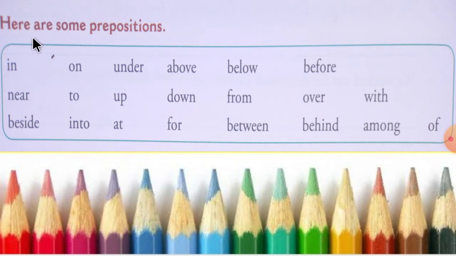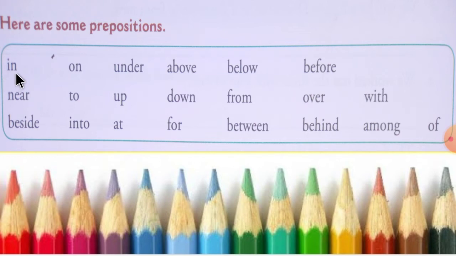First of all, give a heading like this: Here are some prepositions. Now start to write from the next line. Write number 1.